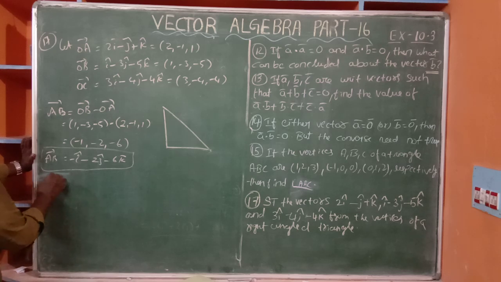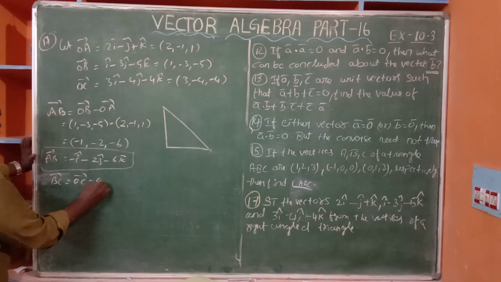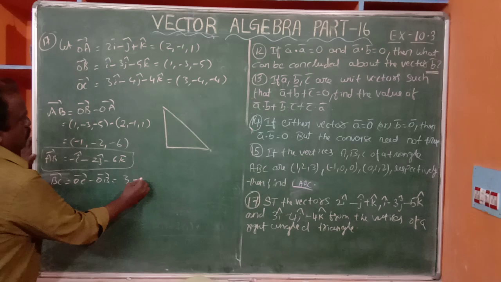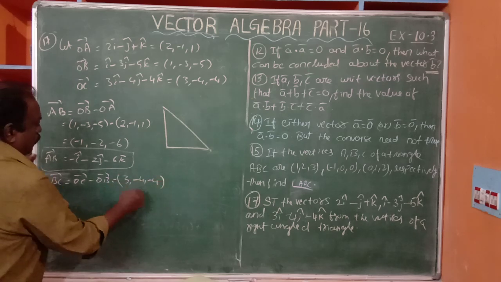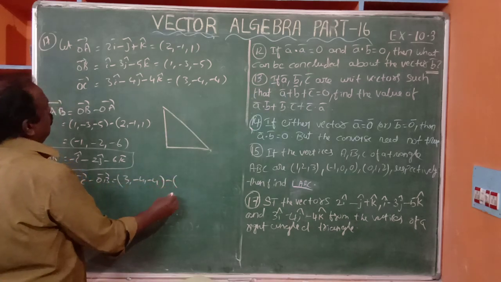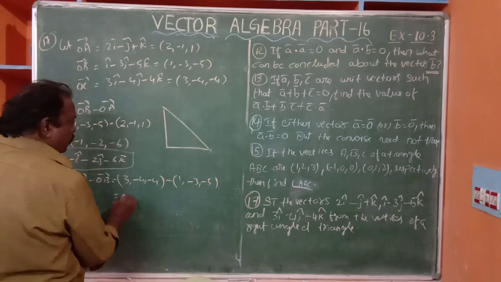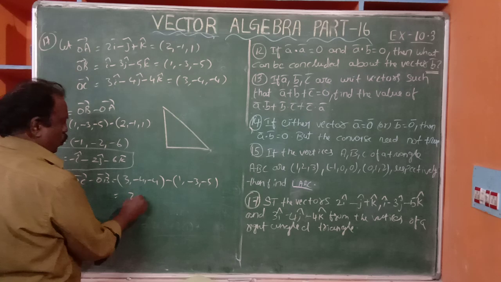And BC bar. First we find the BC bar. What is BC bar? It means OC bar minus OB bar. OC is 3, minus 4, minus 4. Minus OB is 1, minus 3, minus 5. That is 3 minus 1 is 2.